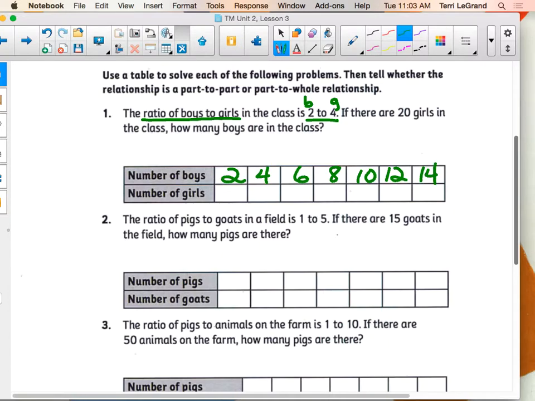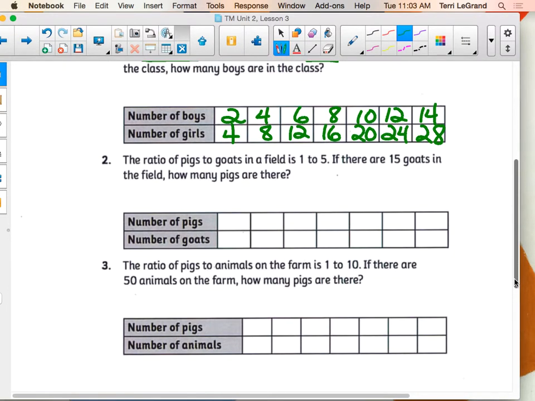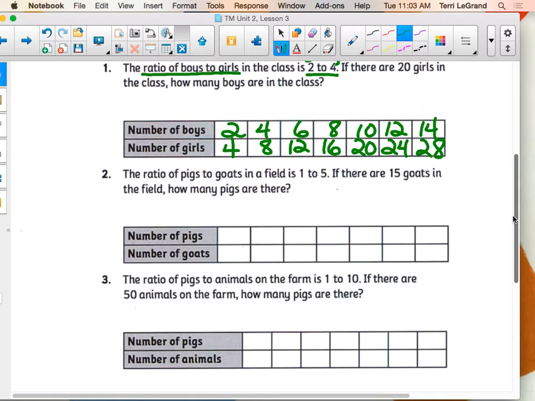And 4 girls, so when there are 2 boys, there are 4 girls. So our girls row is going to go up by 4's. Okay, this is kind of starting to look like activity 3 on that worksheet you just got back.